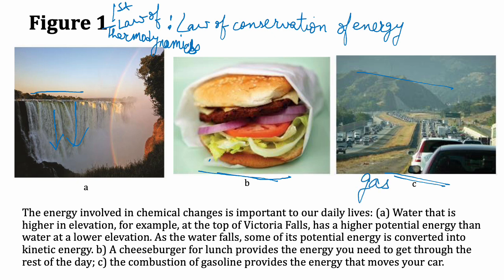The gas that we fill inside the car has some potential energy. When it burns, it converts that potential energy into chemical or mechanical energy, and eventually that causes the car to be in motion, which is kinetic energy. So energy is just changing its form. Another example is electrical energy, which can be converted into, let's say, light. So energy cannot be created or destroyed, it only changes its form.